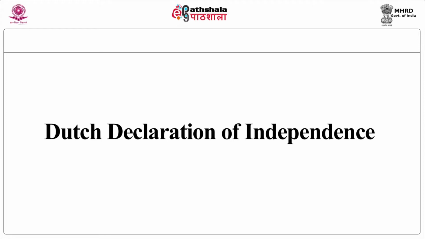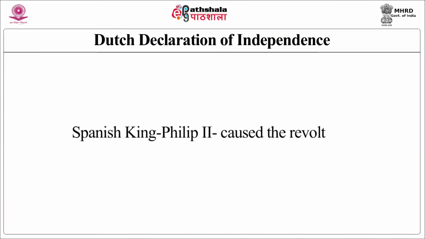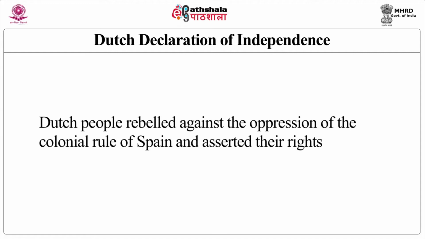The Dutch Declaration of Independence in 1591 was another milestone. The Spanish King Philip II caused the revolt. In fact, the Dutch people who were under colonial rule rebelled against the oppression of the rule by Spain and asserted their rights.